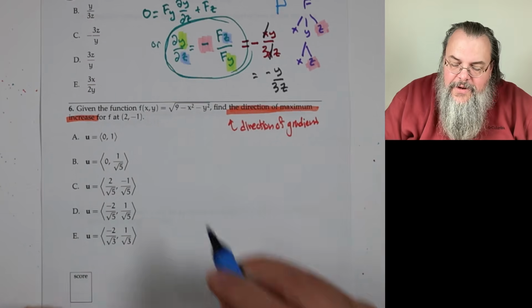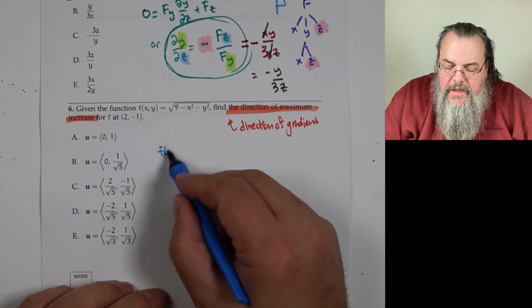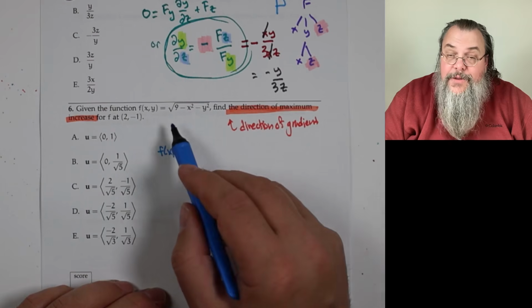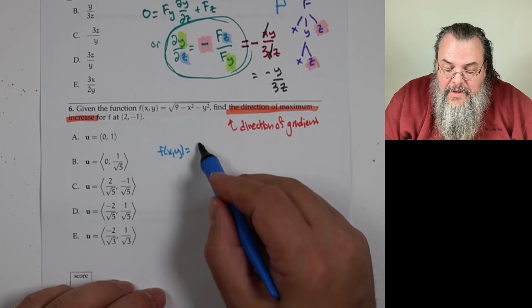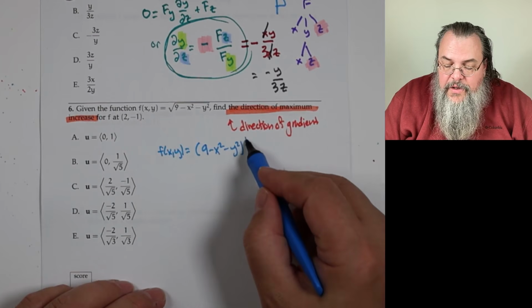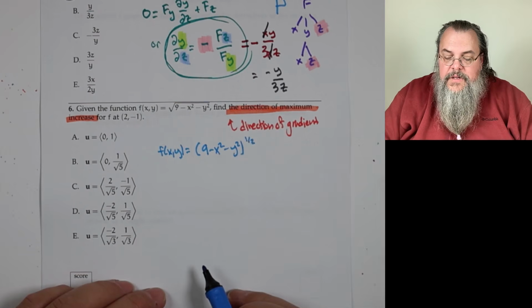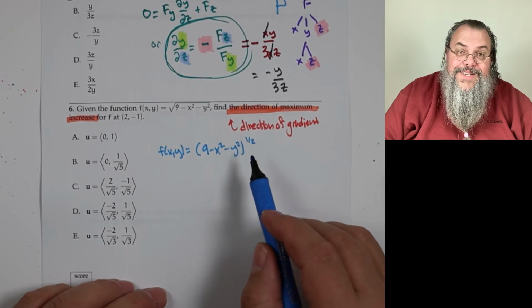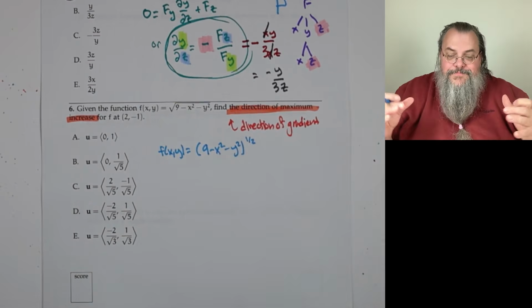Okay, so I would start by saying let's make this problem a little bit more calculus friendly. So instead of the square root, we'll put 9 minus x squared minus y squared to the 1/2. I say calculus friendly because it's easier to apply the rules when it's in this form.